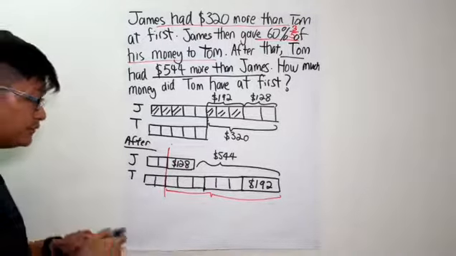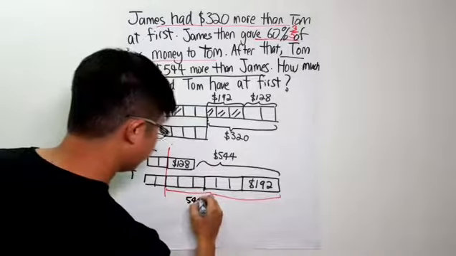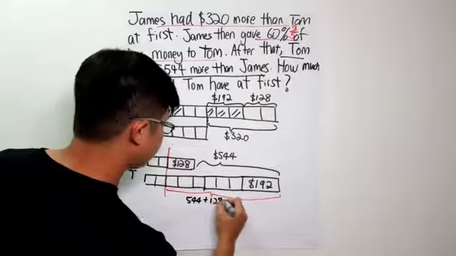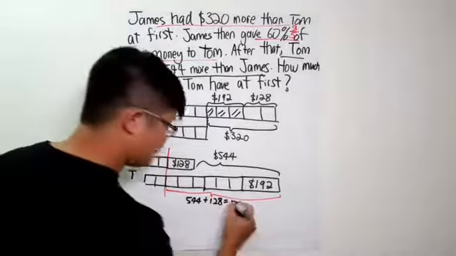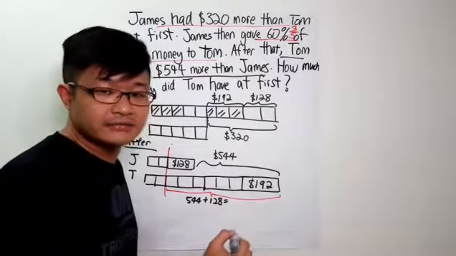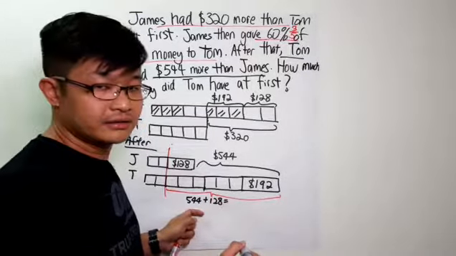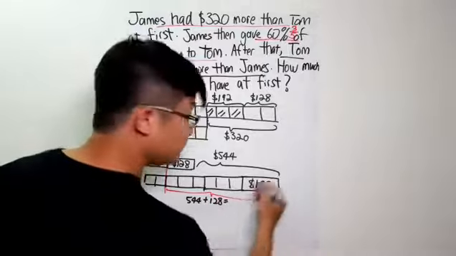So this would be 544 plus 128. That would give me 544 plus 128. Yes, let me do my working here.